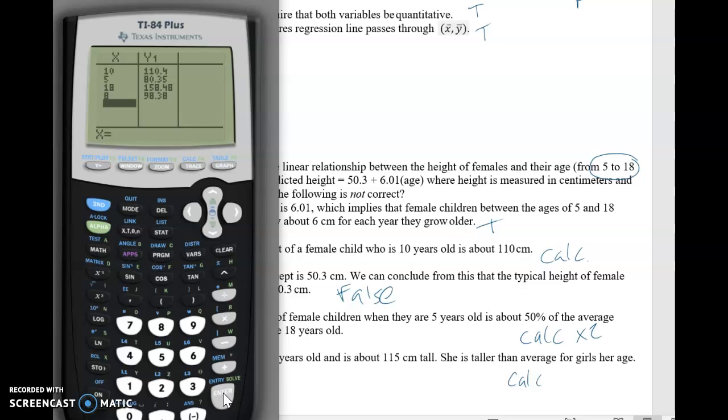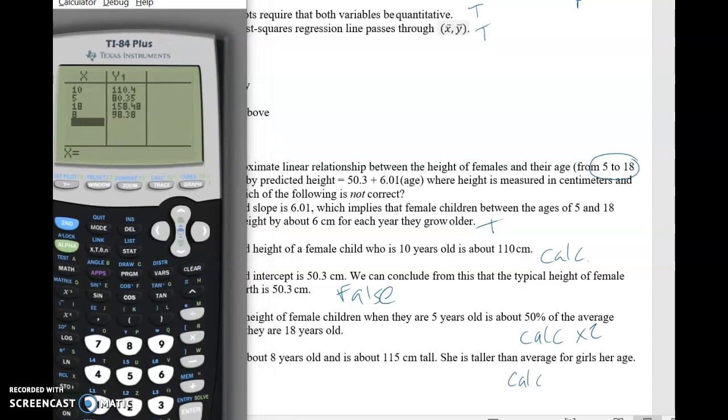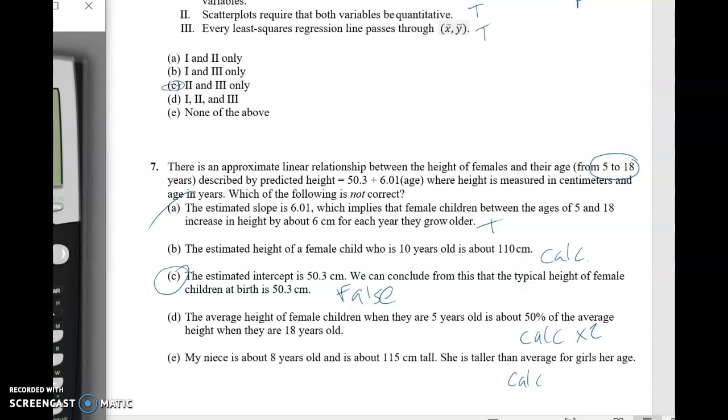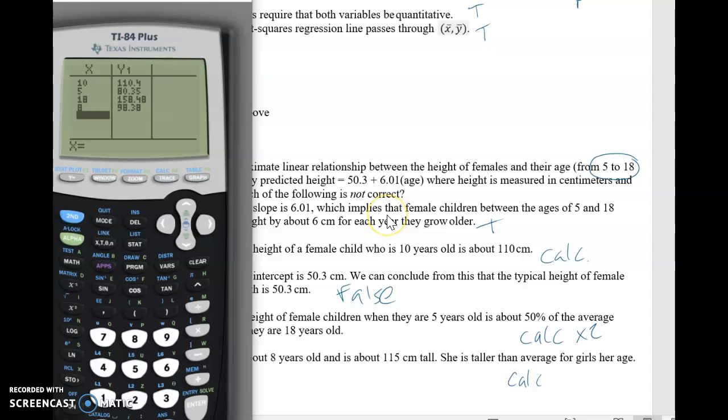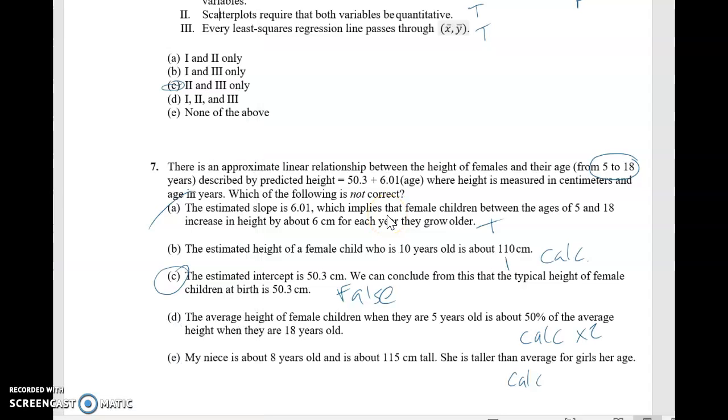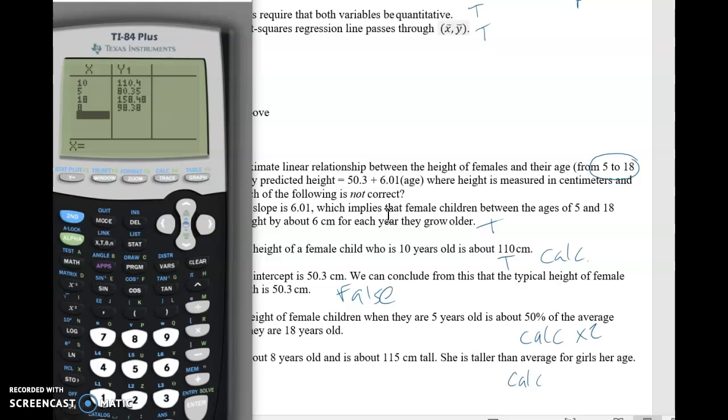So let's look at what we got now. So we got these values. Okay. So for the first one, it says the estimated height is about 110. That's true. Okay. True. Next one says children at 5 years old are about 50% of the average height at 18 years old. So if we compared 5 years to 18, you see that 80 times 2, excuse me, is about 160.